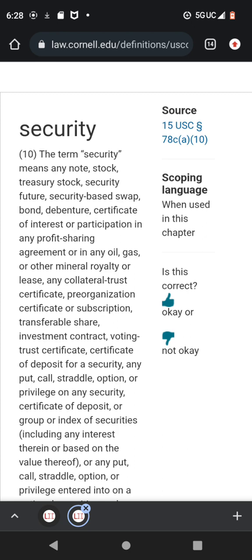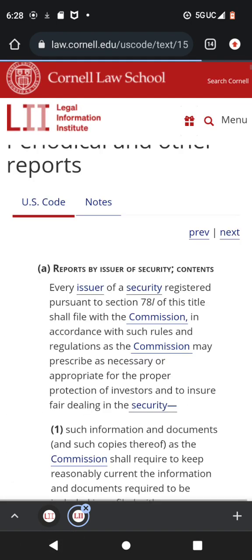Boom. So this is something where I know we're dealing with securities. Oil, gas, and other mineral royalties or leases, any collateral trust certificate, and so on. But isn't that something?